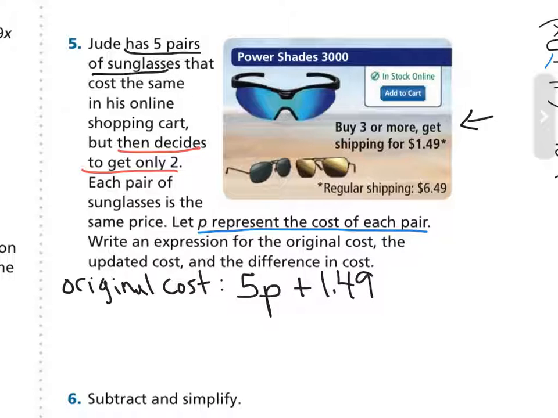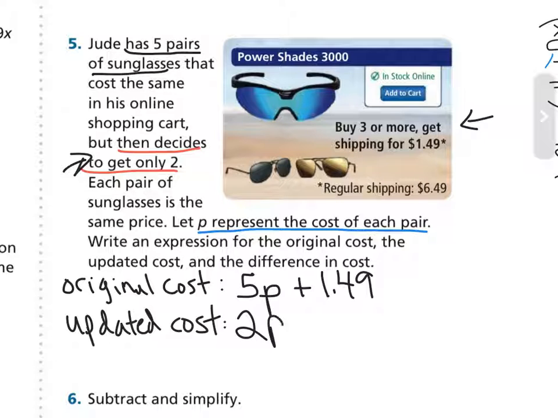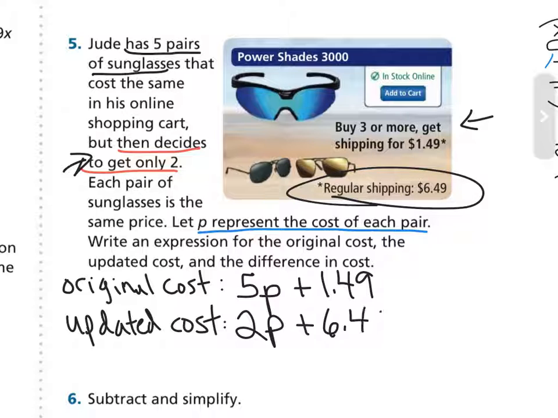Then we're going to look at the updated cost. The updated cost is now that he's deciding just to get 2 pairs, so 2 times P. Now this shipping, we didn't buy at least 3 pairs of sunglasses, so the shipping now instead is $6.49.